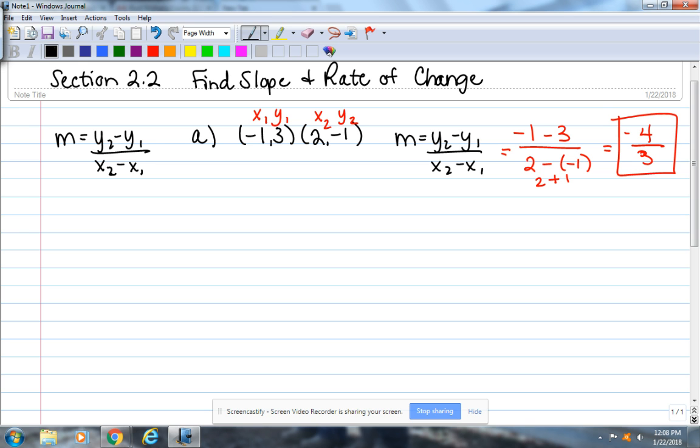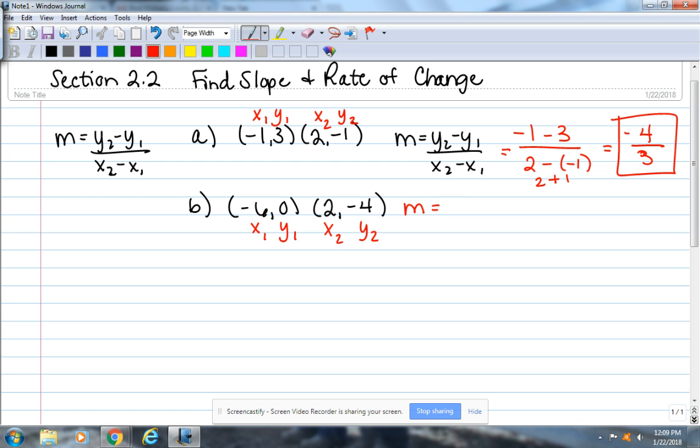Let's have another example of that. So we have the ordered pair negative 2, 0, and the ordered pair 2, negative 4. And we want to find the slope of the line that goes through those two points. Again, we'll use the same formula. And again, this is our x, y, x, y. These are the ones. These are the twos.